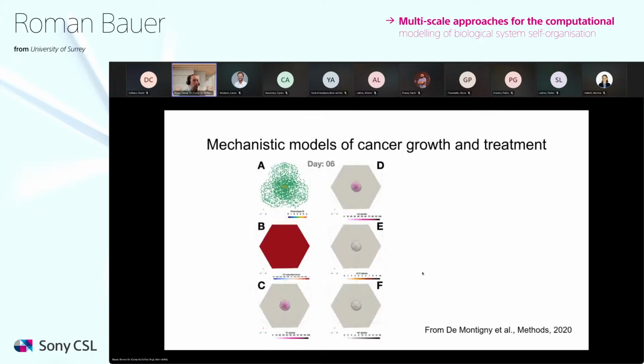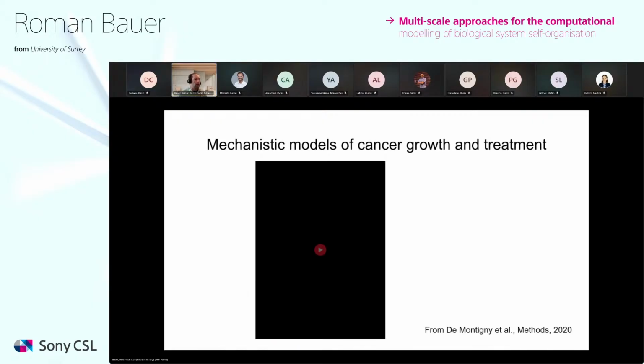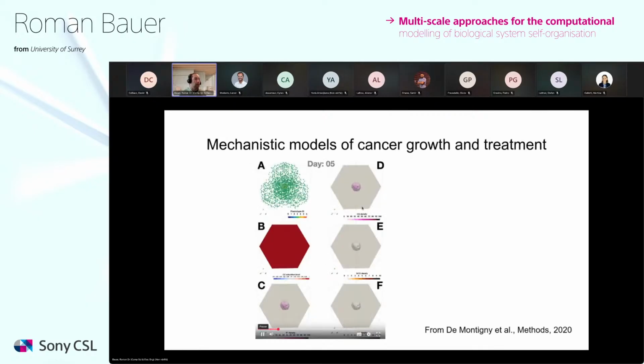So we can really create an in silico laboratory to test different hypotheses and to compare with experimental data. And we can probe it and analyze it in great detail. And this kind of experiments, of course, you cannot do experimentally, right?